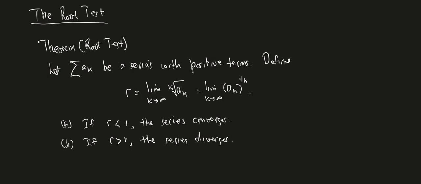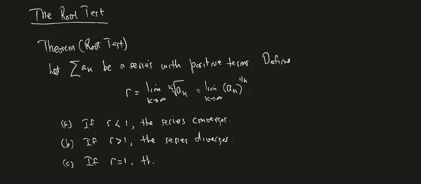Then the only other possibility is what happens if your R is equal to 1. If R is equal to 1, then it turns out the series may or may not converge. In other words, it may converge or it may diverge. We just don't know. This is not enough information to make a definitive conclusion.